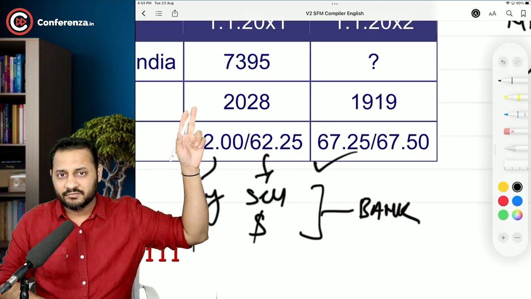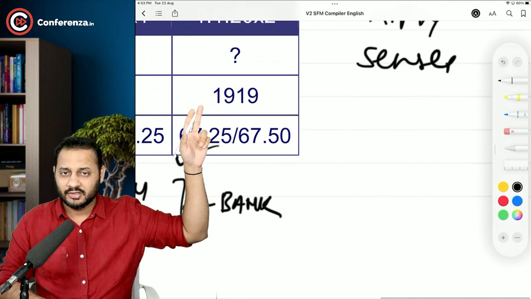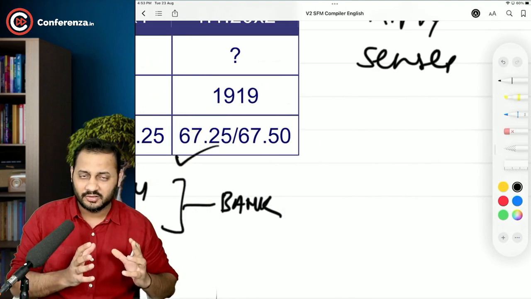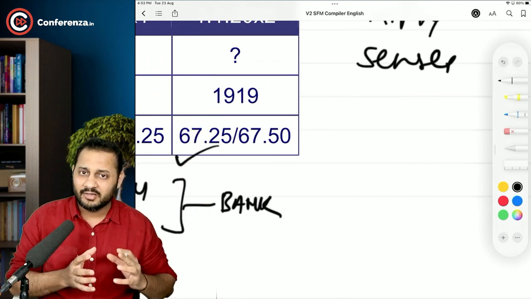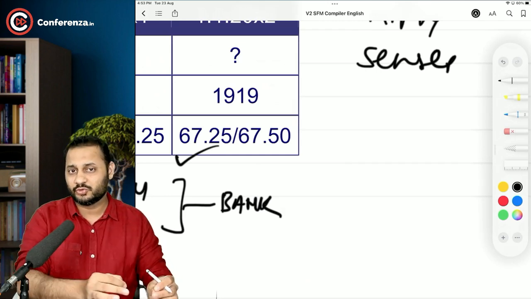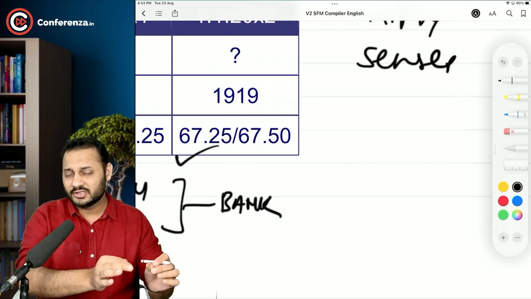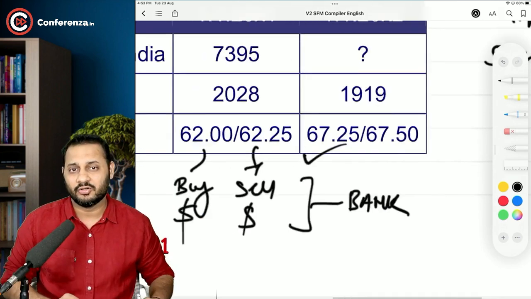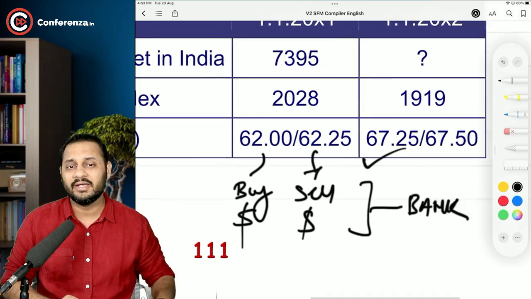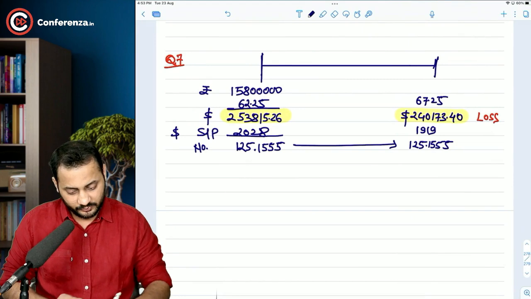You might have received some units out of that. You sold those units at this rate, right? You got some dollars in your hand or in your bank, and you are going to bring it back to India and sell the dollars to the bank. After that, if you want to sell the dollars, bank will buy the dollars. What is the dollar buying rate? 67.25. So 67.25.